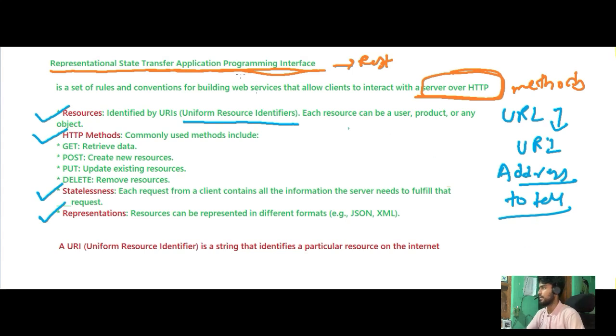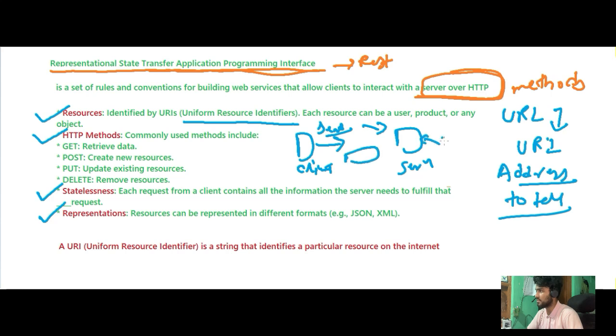Suppose we are a client and there is a server. If we send some information to the server, how can the machine know that this is the actual server where this request needs to go? That is done with the help of the URI, that is, the URL.